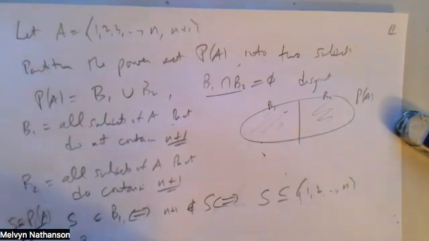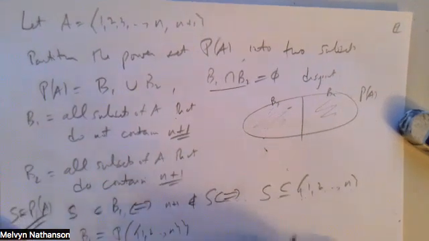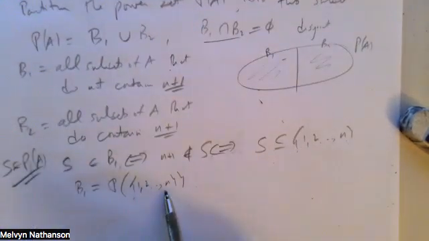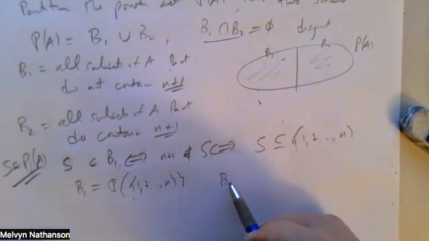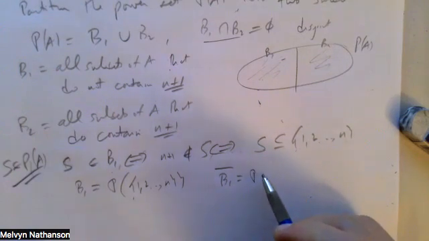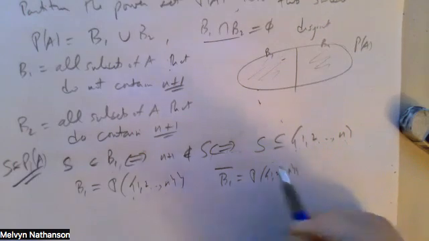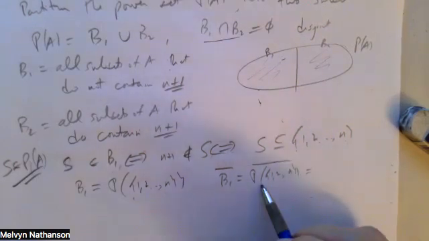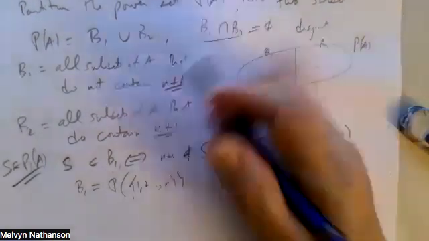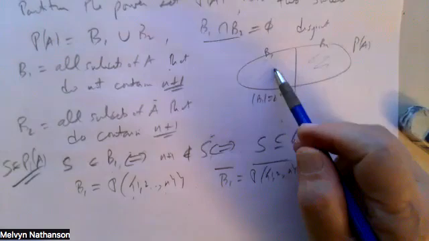So B1 is in fact the power set of the set of integers from 1 to n. So the cardinality of B1 is the cardinality of the power set of the first n integers, which by the induction hypothesis is 2 to the n. So the cardinality of B1 is 2 to the n. These are the sets in here.